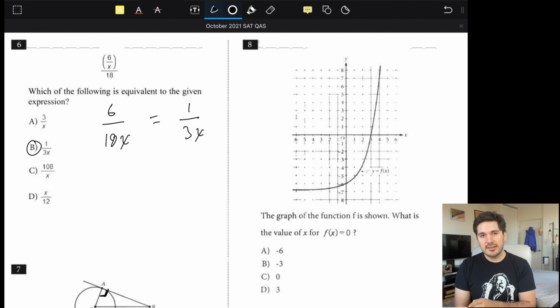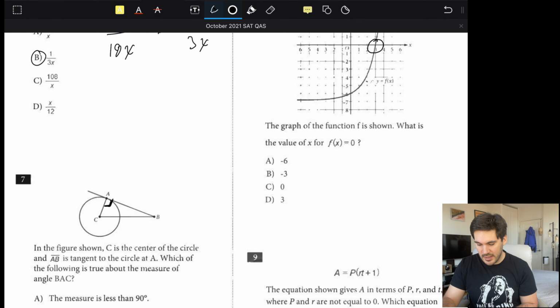But in this case, they're asking for what is the value of x when y equals 0. So that is going to be here, because that is where y equals 0. And at that point, x equals 3. So our answer is going to be D, 3.